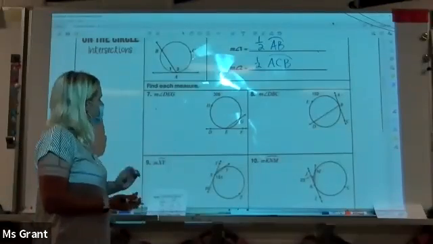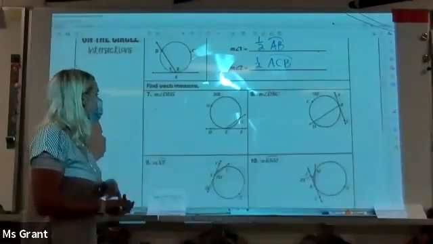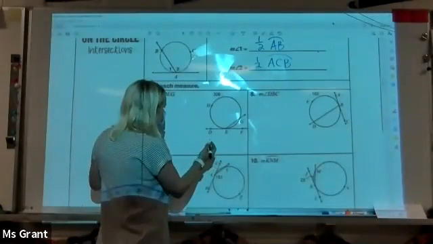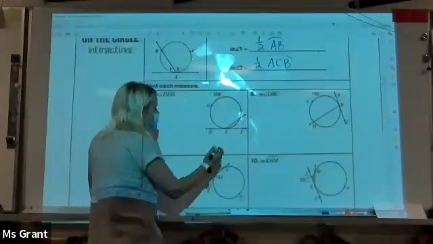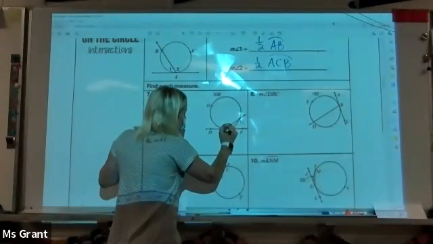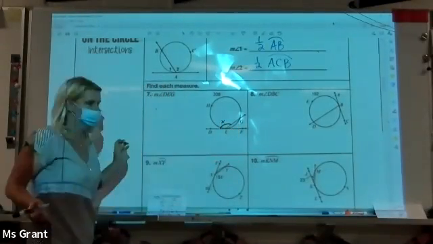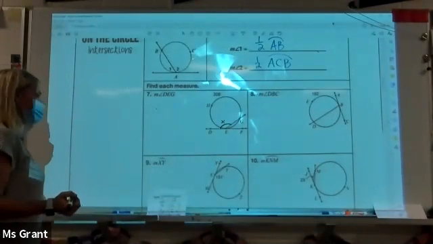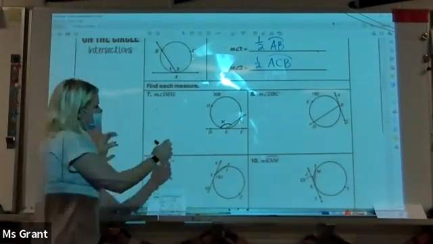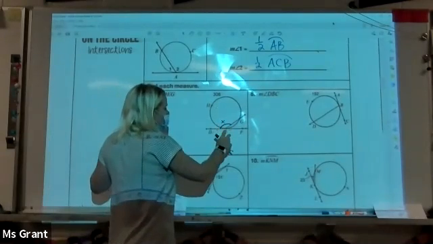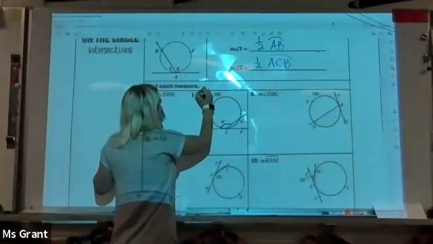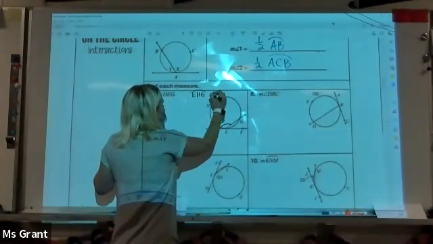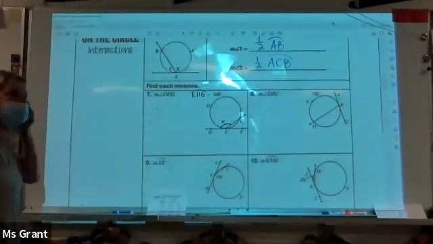So let's do number 7. Okay, DEG. That's the angle measure that I want to know. It tells me arc EHG is 308 degrees.